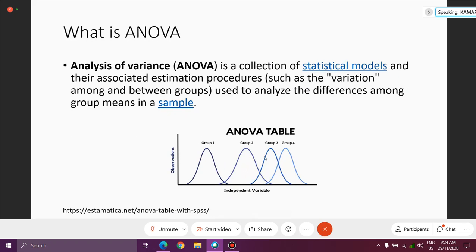So the question is, since you learned about the independent t-test, where you can compare the mean between group 1 and group 2, group 2 and group 3, group 3 and group 4, why don't we just do independent t-tests?